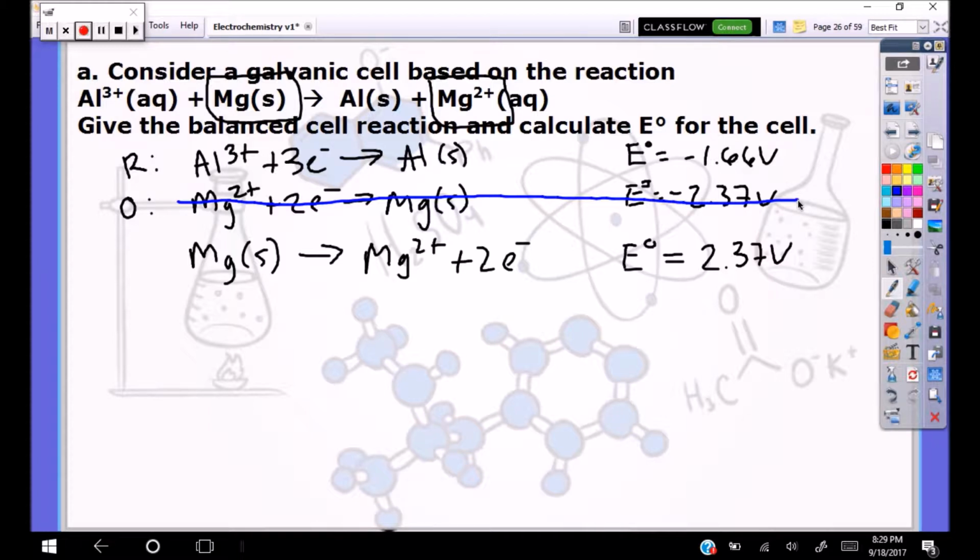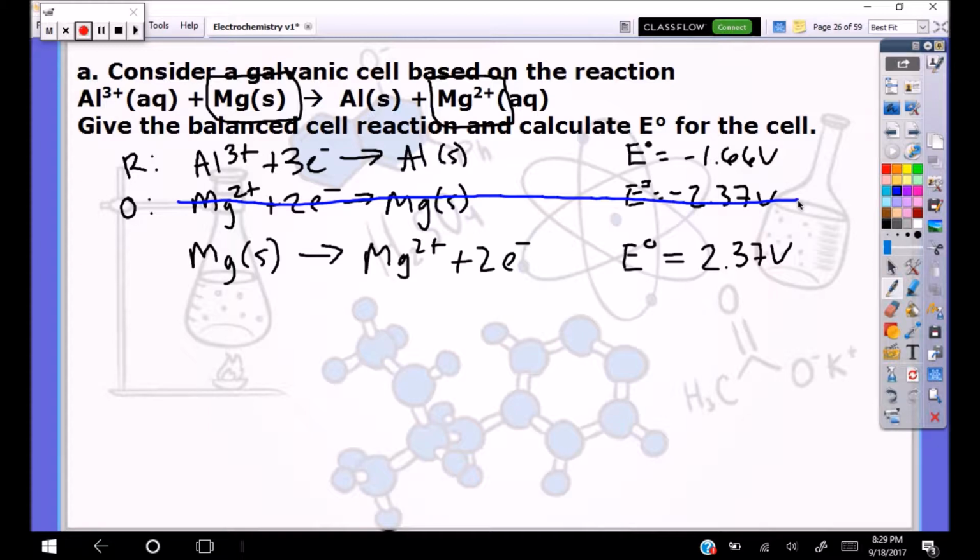Now, the other thing we need to do is balance. We don't have any oxygens or anything to balance. We don't have any waters or H+ we need to add in. So we can skip straight to the step where we balance our electrons. You need to find the common denominator.